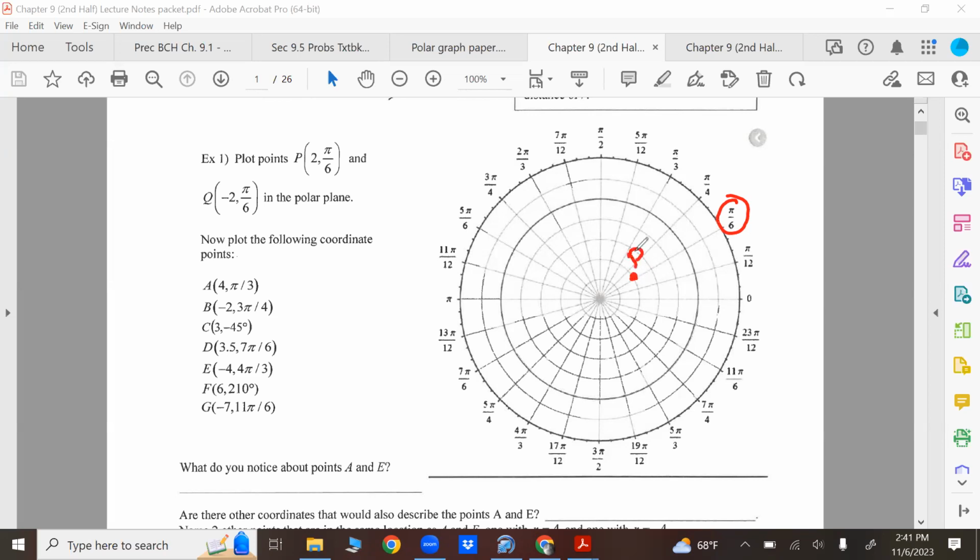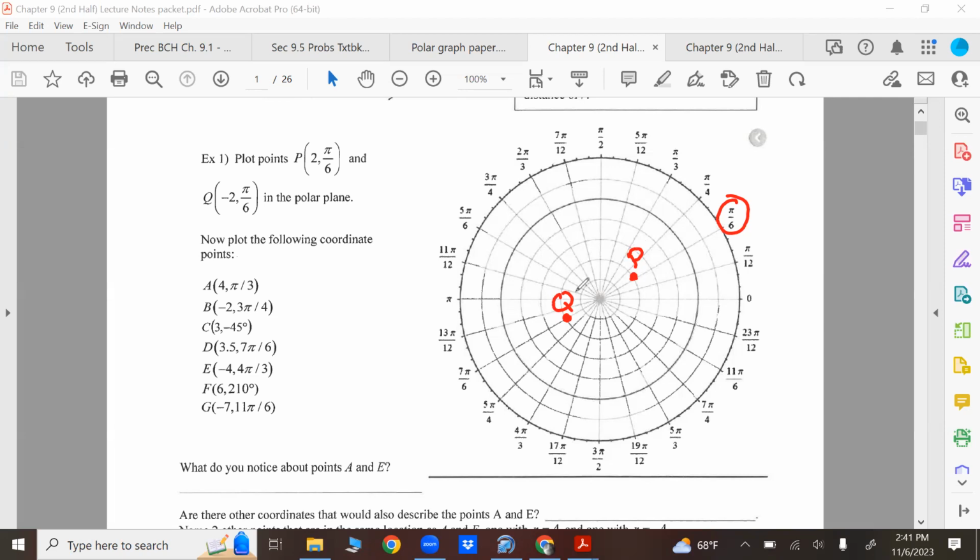That's point P. Now, if it's negative 2, pi over 6, you still point towards pi over 6, and then you walk backwards. That's point Q. So whenever r is negative, it's a 180-degree rotation from when r was positive. That's all it ever is.